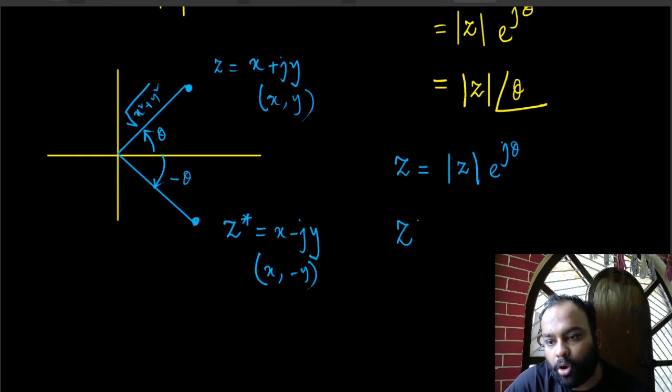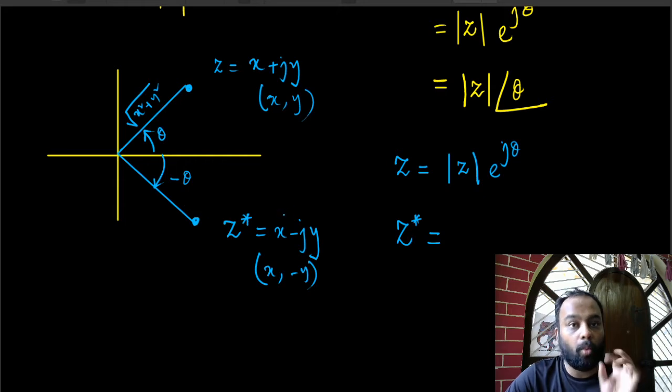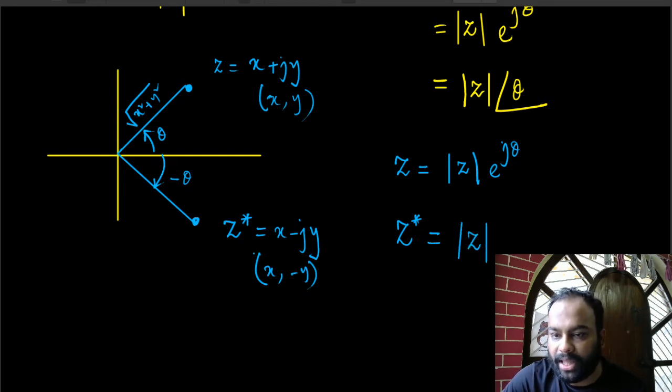Then what is the complex conjugate of this? Z star, z superscript star. What is the complex conjugate of this? So the complex conjugate of this complex number z is the complex number that has the same amplitude, the same modulus, but with a negative angle.